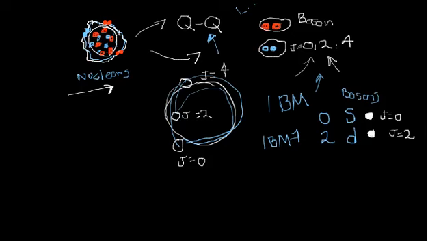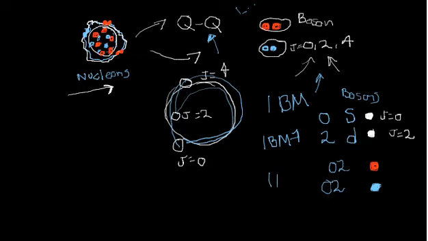Now, if we ask about bosons of protons and bosons of neutrons, when we introduce this small difference, again 0 and 2, and 0 and 2.